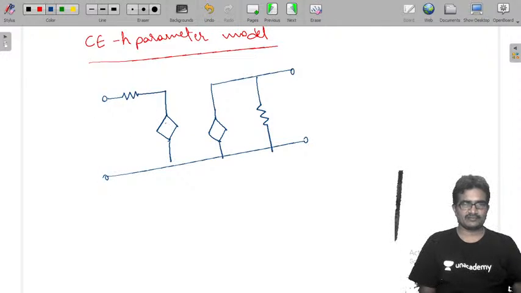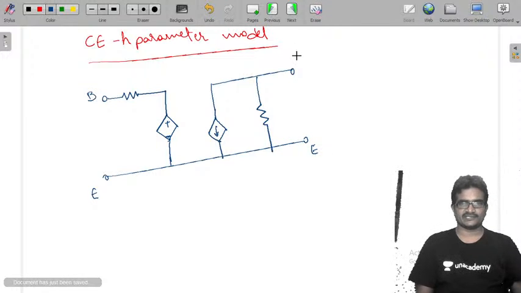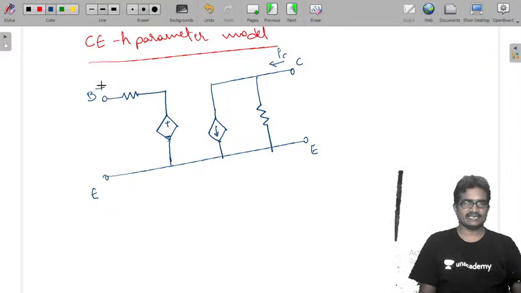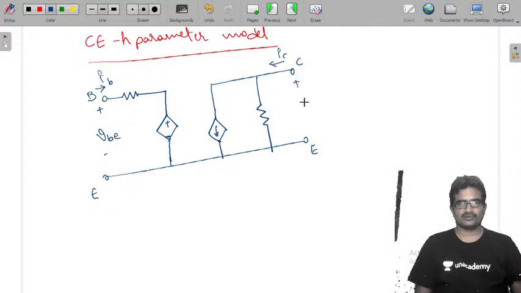So common emitter: emitter is common, input is base, output is collector, it is IC, it is IB, input voltage VBE, output voltage VCE.